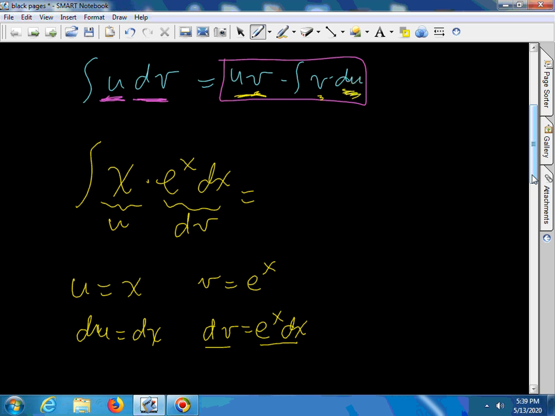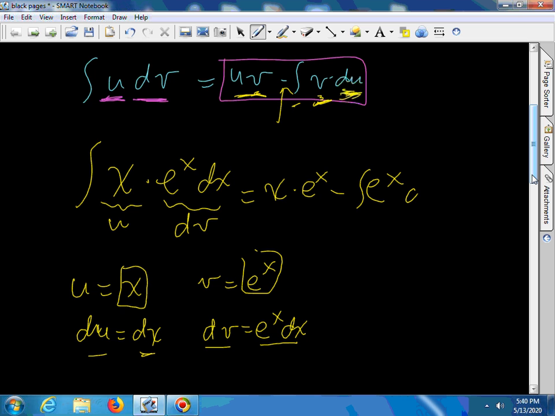It's u times v, that's u, and that's v. So it's u times v minus the integral of v, which is e to the x, du, which is dx. And it's like, oh boy, I know that integral.